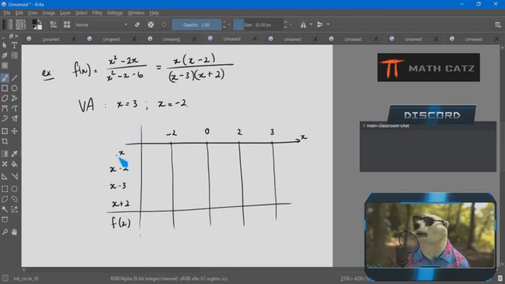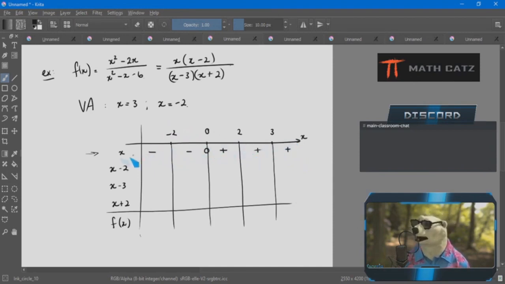Now what I'm going to do is just look at each of these pieces individually. Well, x is 0, right in line with 0, of course. And it's going to be negative to the left, positive to the right. So what I've done by marking off these 4 values, I've split my x values into 5 intervals.